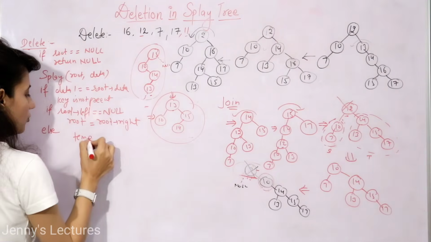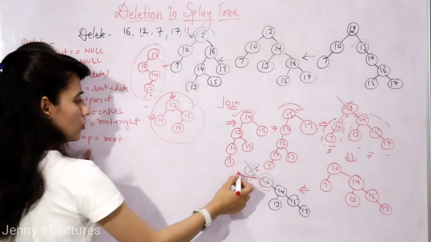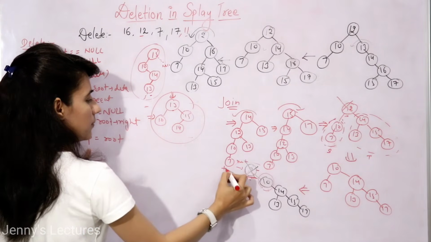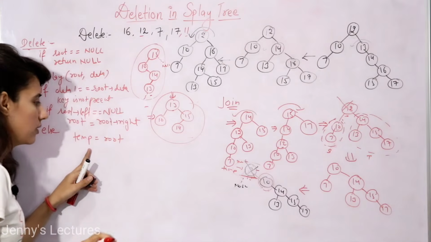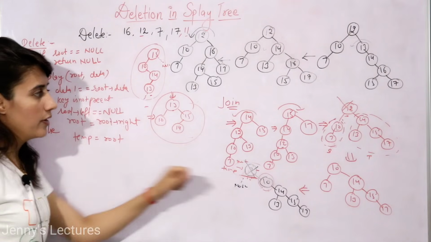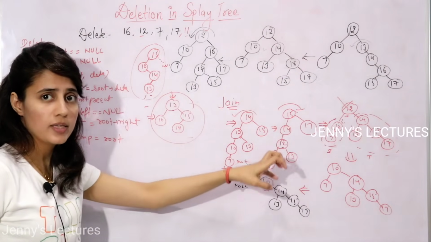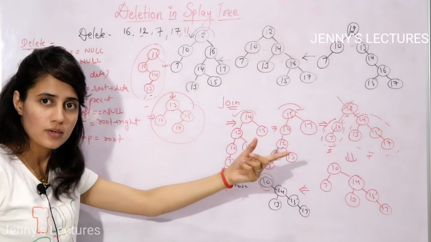Else we will take another pointer variable temp, and there we store root. So root is also here now, and temp is also here, right? Now else what you need to do, we will find out from the left subtree the maximum one and splay that left subtree for that element, right?